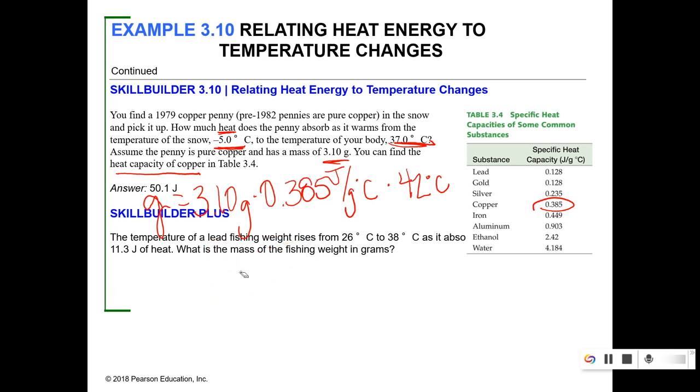Okay, let's do another one. Here's our temperatures, absorbs heat. What is the mass? To get this, you do need to rearrange the equation. If you cannot rearrange the equation, just plug in what you have. You have 11.3 joules equal to mass. We don't know the mass. It tells us it's lead, so we go to our table, we find lead.